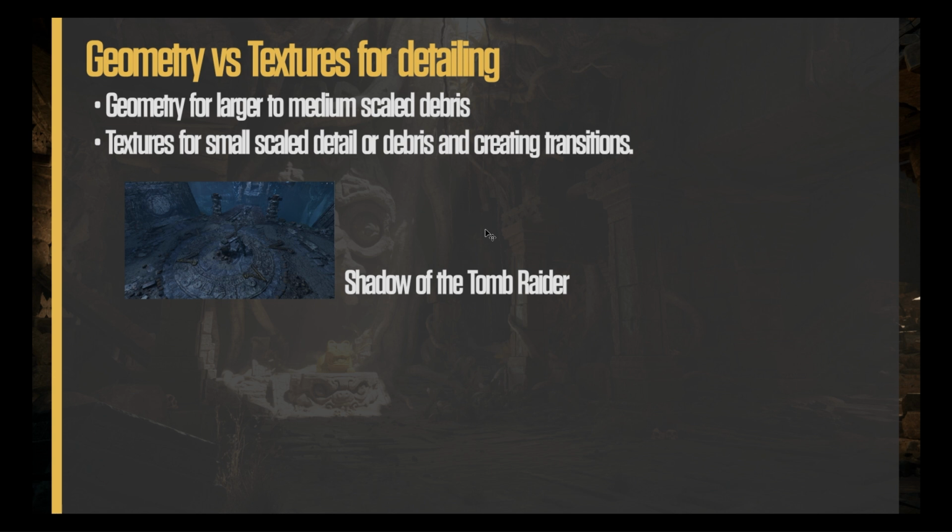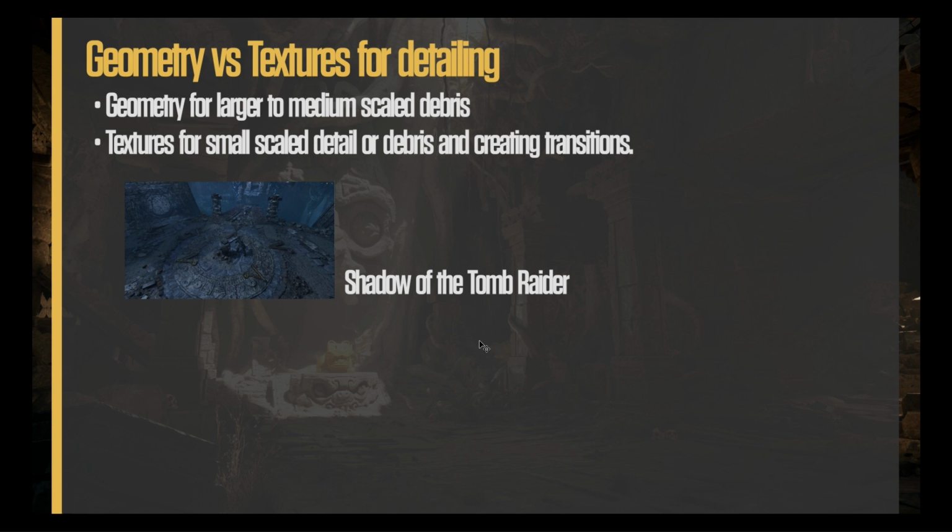It makes a lot more sense to use a texture for that as opposed to geometry, because you are essentially wasting geo that could have been used to make your hero prop look a lot better. So when the detail you're trying to bring into your scene is very small, it doesn't make sense to use geometry unless the situation calls for it.